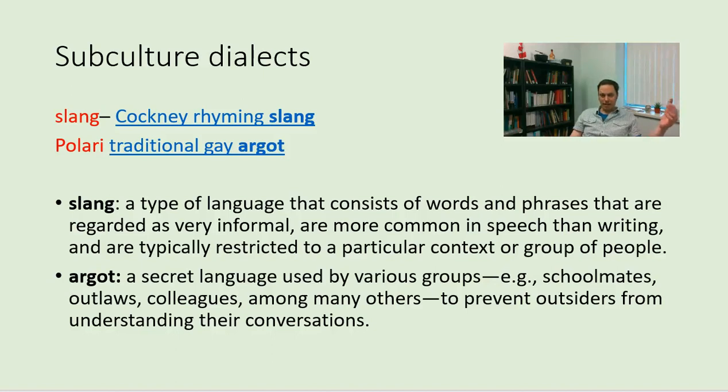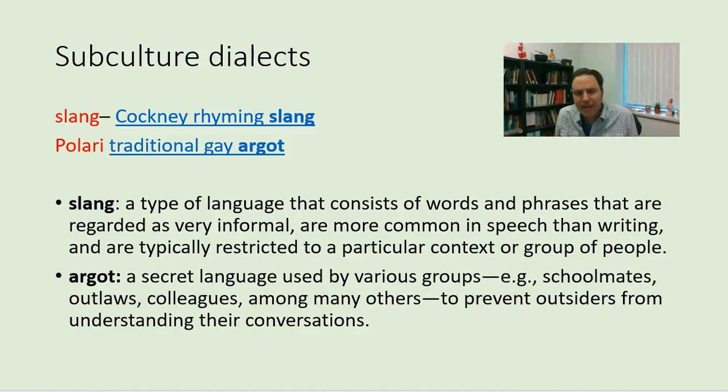There are very familiar examples like dog and bone instead of phone, and apples and pears instead of stairs. And then you might find this video on Polari interesting, which was a traditional gay argot, a secret language used by various groups, schoolmates, outlaws, colleagues, among many others, to prevent outsiders from understanding their conversation.